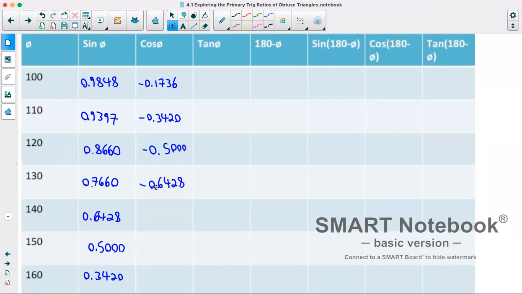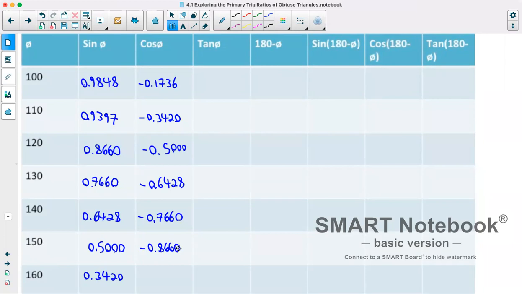Then cos of 140. So we have negative 0.7660. Then cos of 150 gives us negative 0.8660.